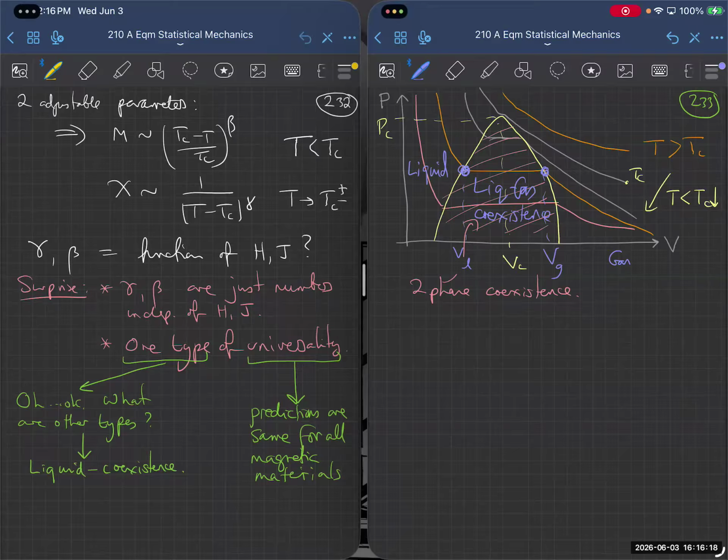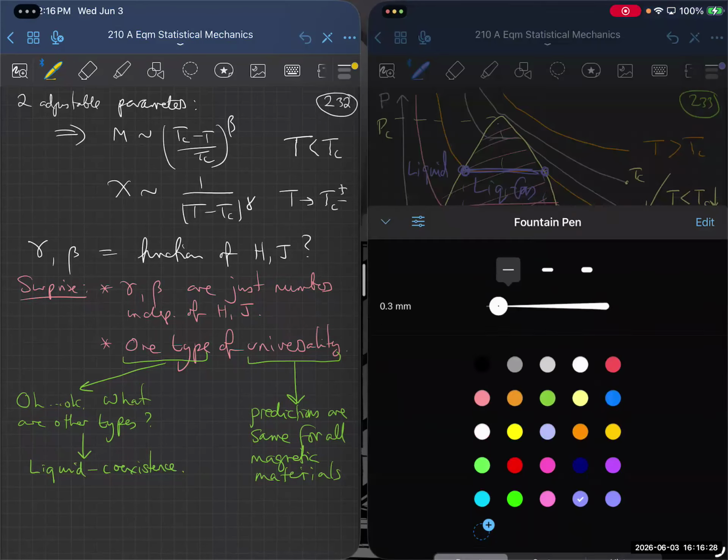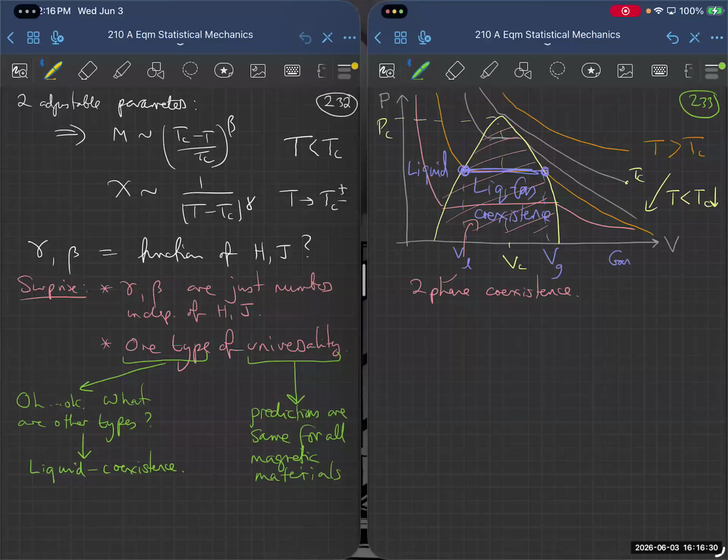And if I were to look at this difference here, that is a difference in volume per particle between the gas and the liquid phase. So I could also plot this picture in the following way. I can plot it like this: density, which is proportional to 1 over the volume. And up here, I'm now going to put temperature. And then if I draw this coexistence curve, it will look something like this.